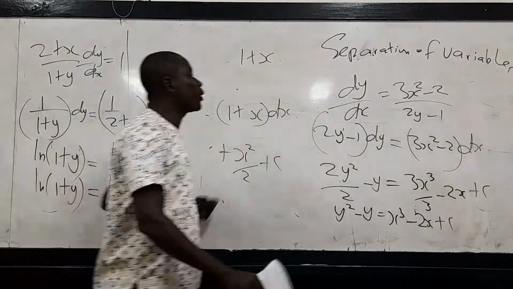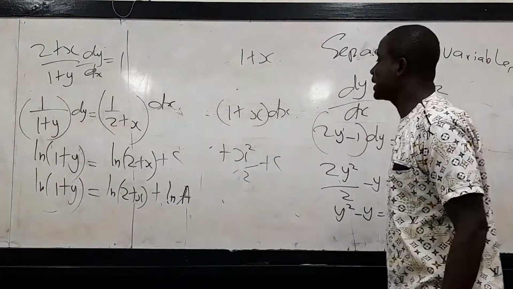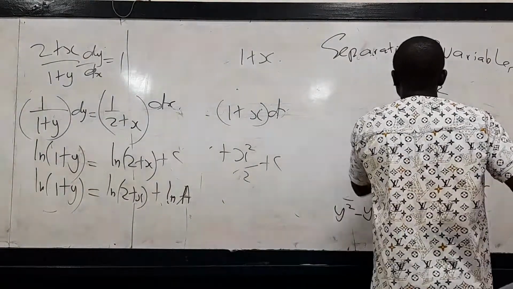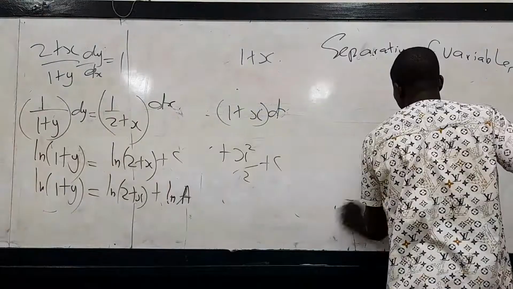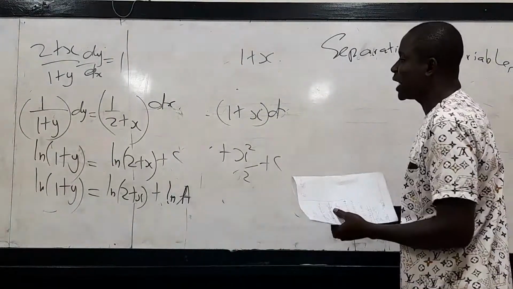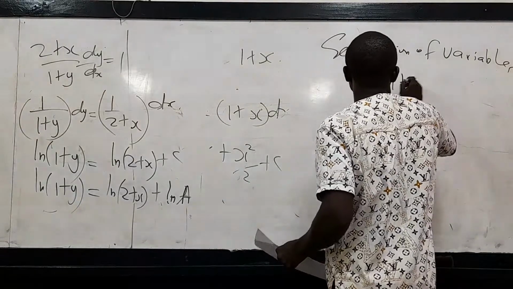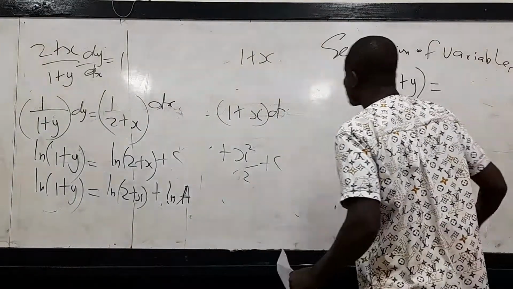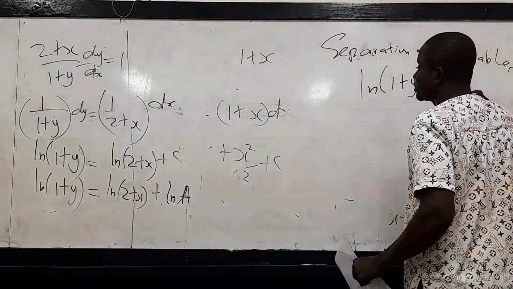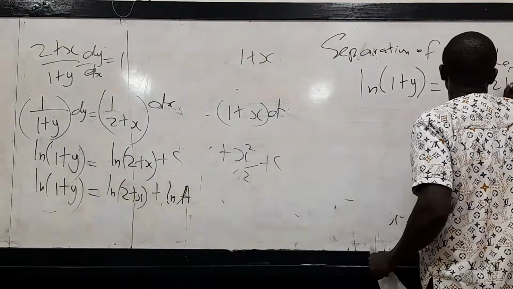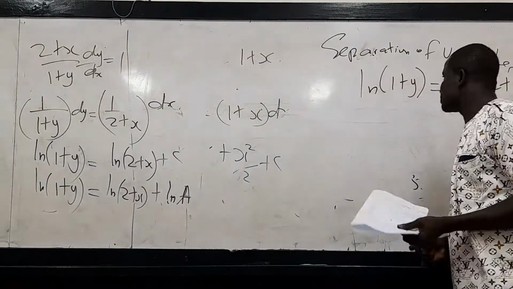And by the application of the logarithms, whenever you are adding the figures attaching to the logarithm, you can put it this way. So here, I'm having ln(1 plus y) is equal to ln of A into brackets, 2 plus x.